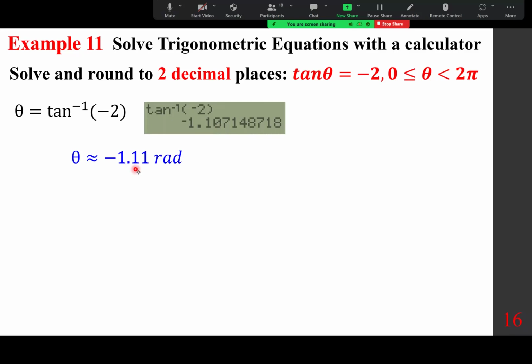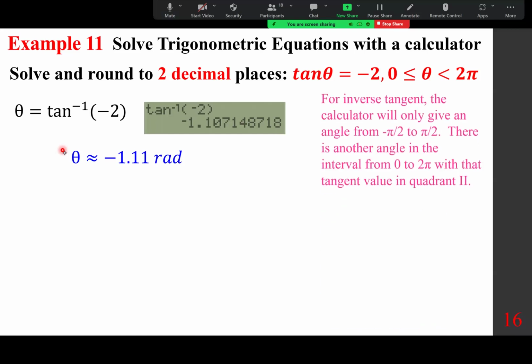So negative 1.11 puts us in the fourth quadrant, because it's negative. If you add pi, it puts you into the second quadrant. So for inverse tangent, the calculator will only give you an angle from negative pi over 2 to pi over 2. Remember the restriction that was put in there.